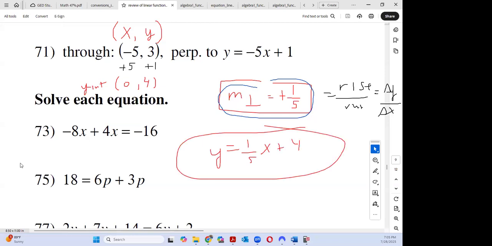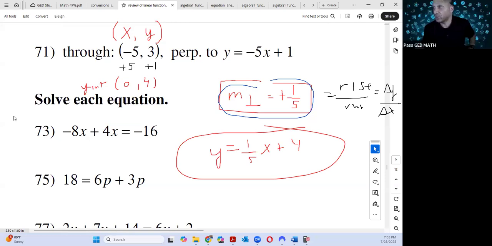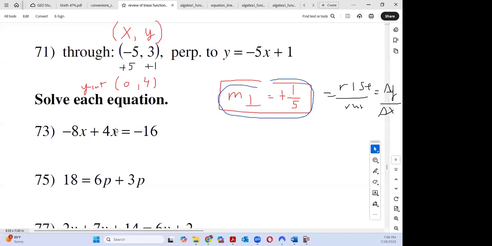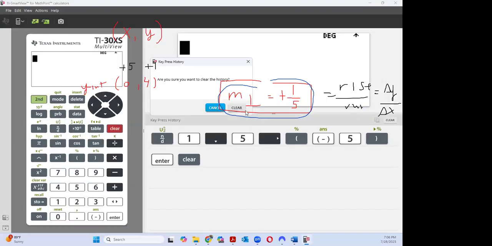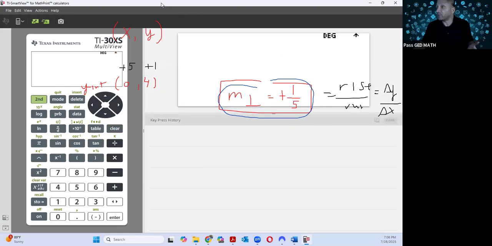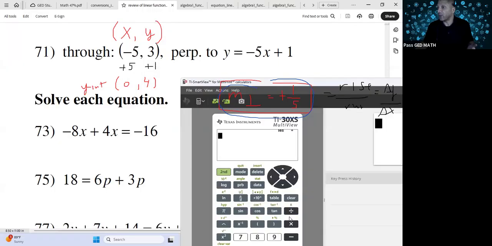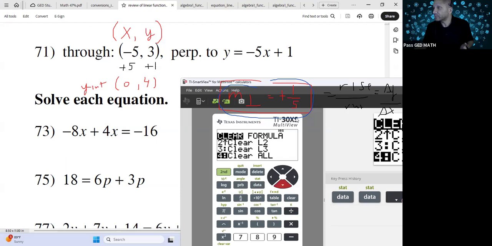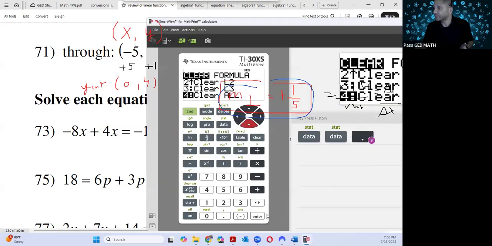Now, if I wanted to use my calculator, I still could. I recognize my y-intercept was (0, 4), but I can still use my calculator because I remember what Mr. Tinsley told me. If I have 2 points, I'm gonna hit data. I'm gonna hit data again to clear everything out.